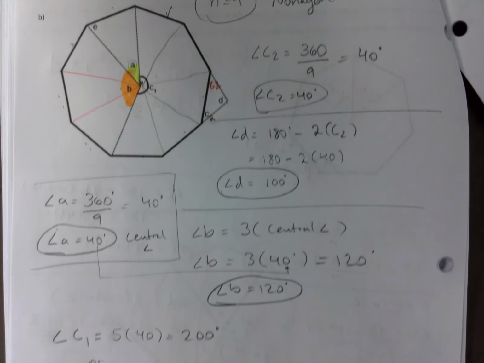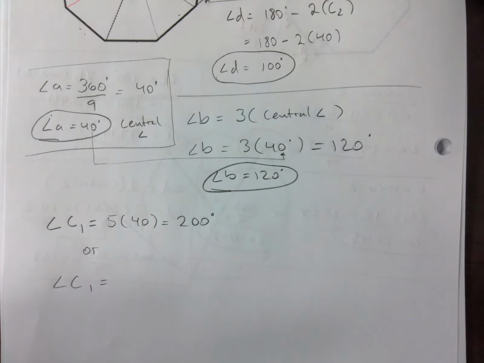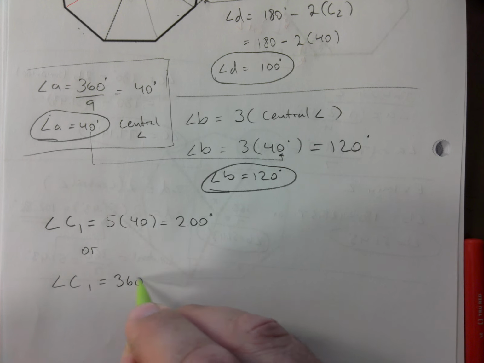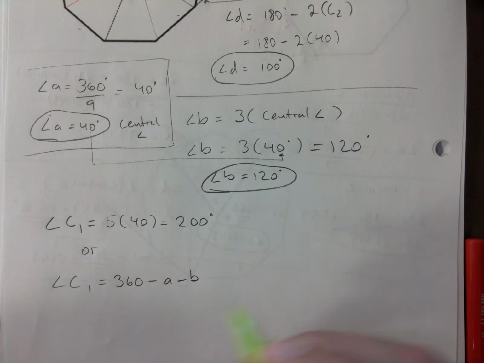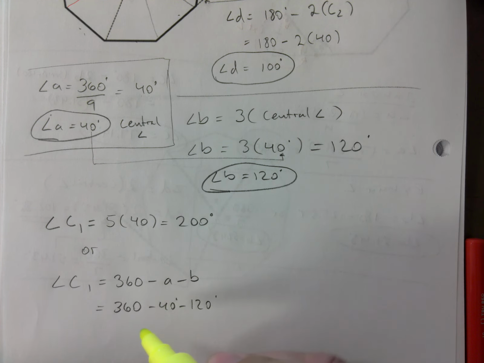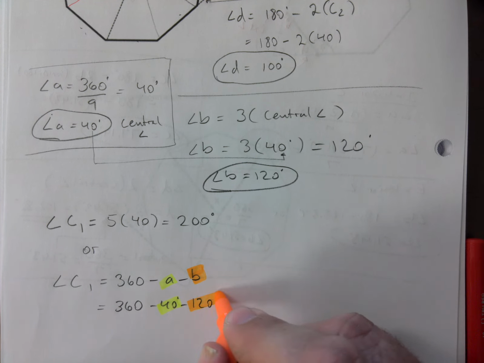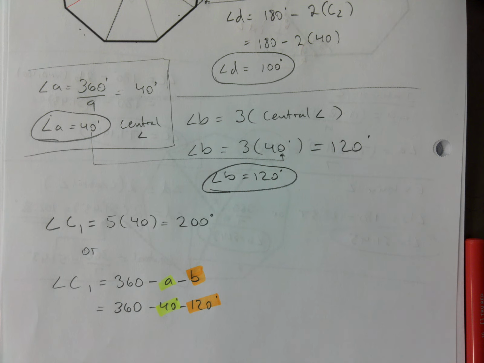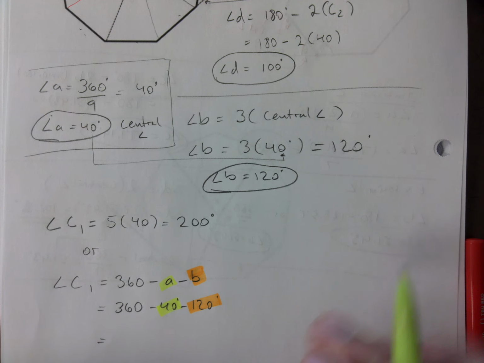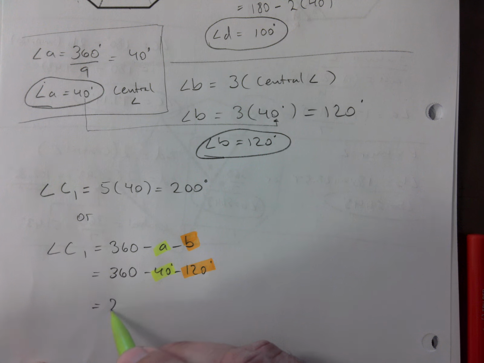So 360 minus 40 minus 120. I'm just going to make sure I highlight this. This is A right here, and this is B. And so that is going to be 200 degrees exactly.